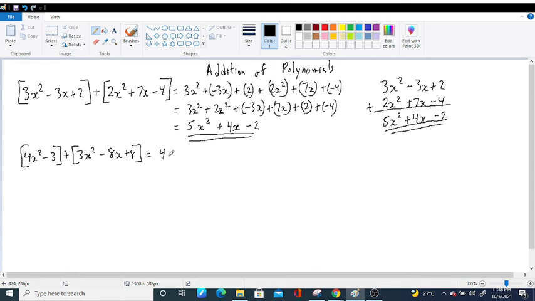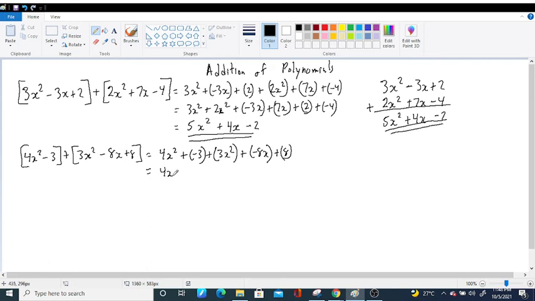So I'm going to have here 4x squared plus the negative 3. And I continue with plus 3x squared plus the negative 8x, which is this one here, plus the 8. I group like terms now.